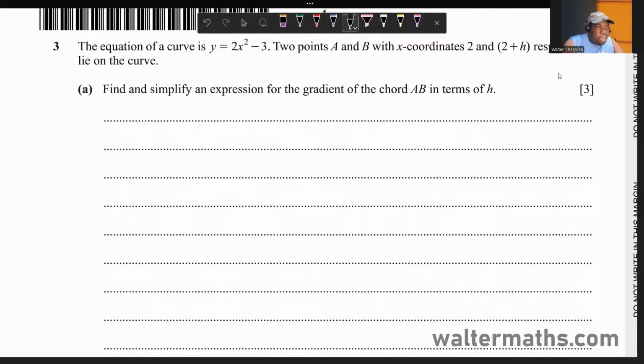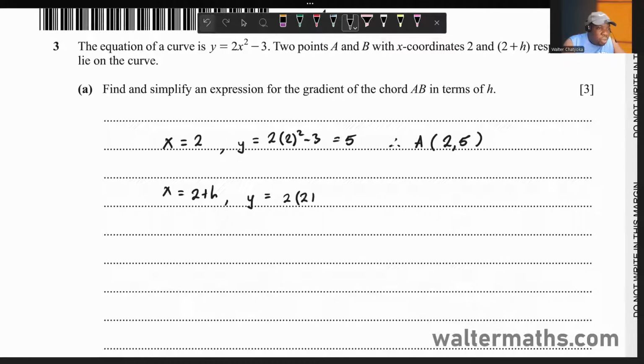So they say here that the x coordinate has a value of 2. And when x has a value of 2, we know that y will be equal to 2 of 2 squared minus 3, so that's basically 5. So the point A therefore has coordinates 2 and 5. And when x has a value of 2 plus h, y will be equal to 2 of 2 plus h squared minus 3.